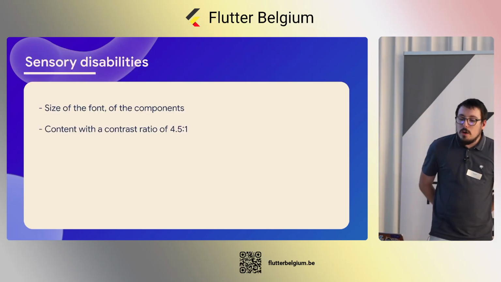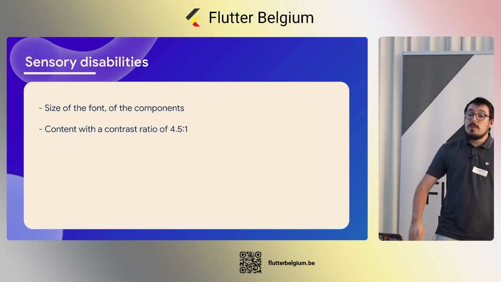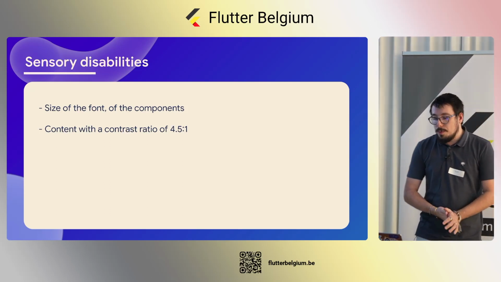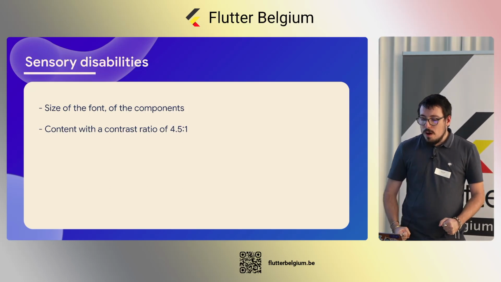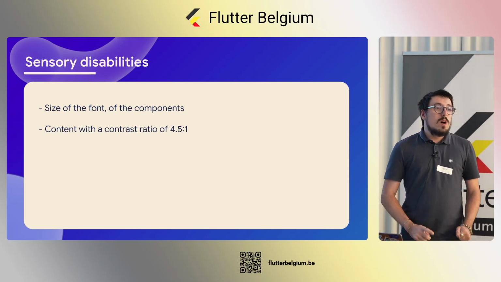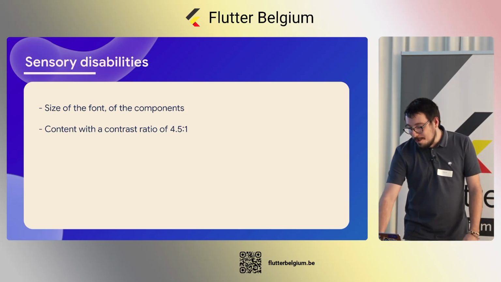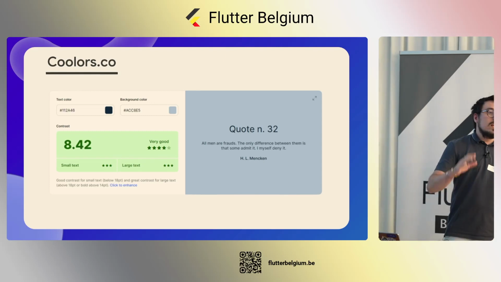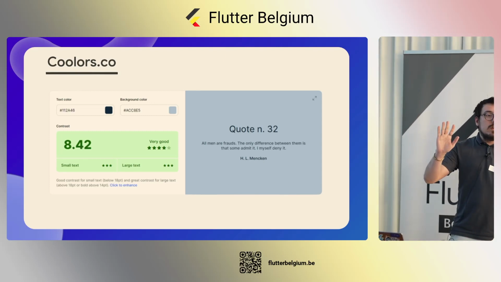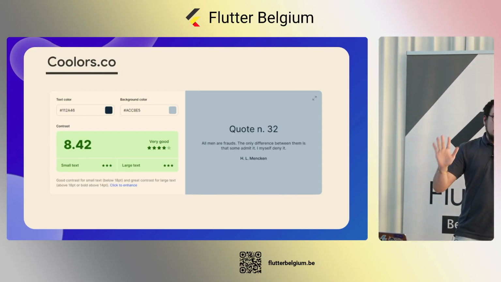Okay, so now, still for blind and visually impaired people, we also have the content contrast ratio of 4.5 out of 1. What does that even mean? It means that we want a foreground and a background that allow a lot of contrast.